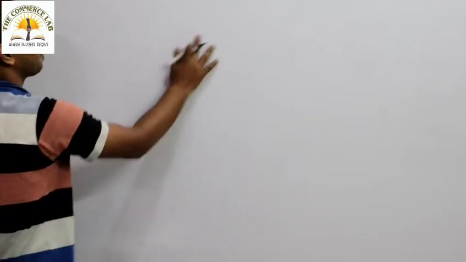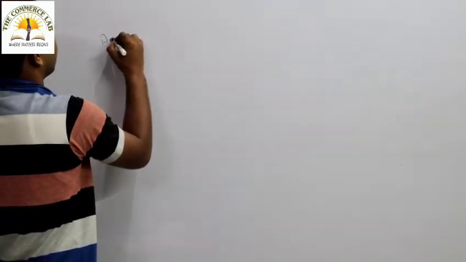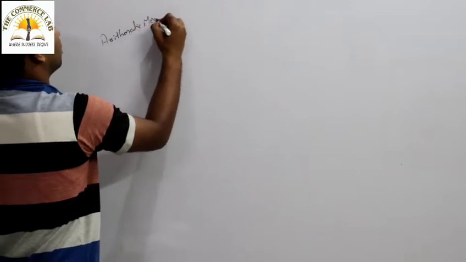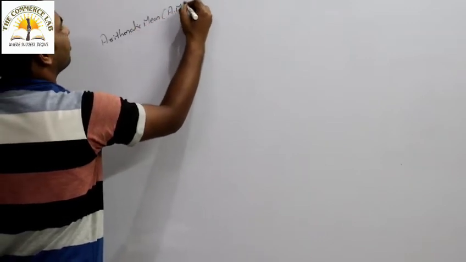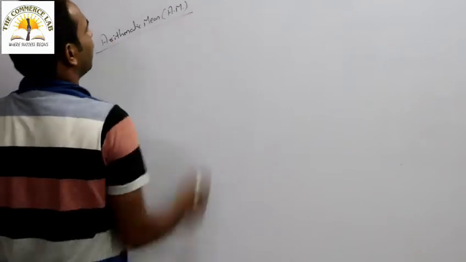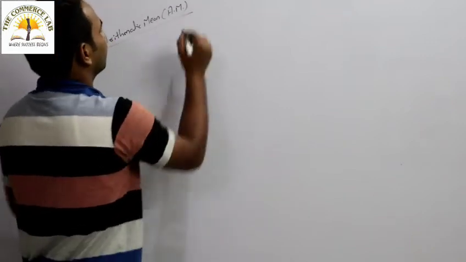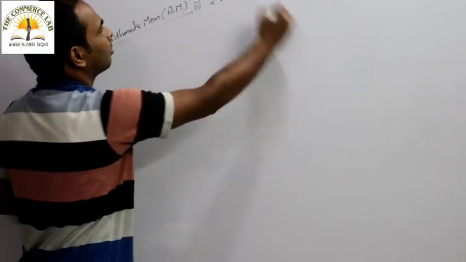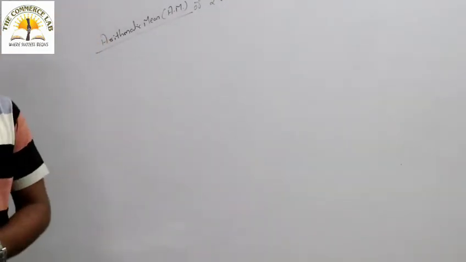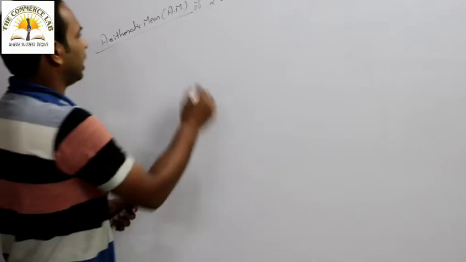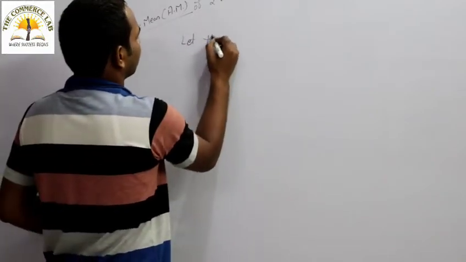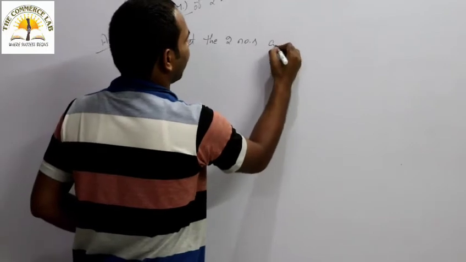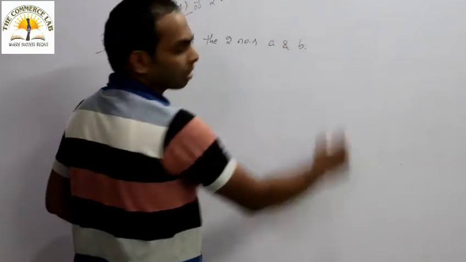Then come to arithmetic mean, or AM, of two numbers. Let the two numbers be a and b.